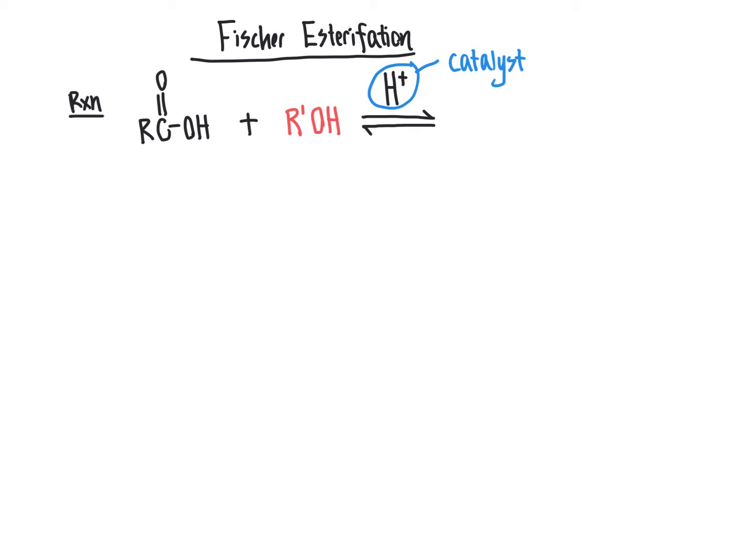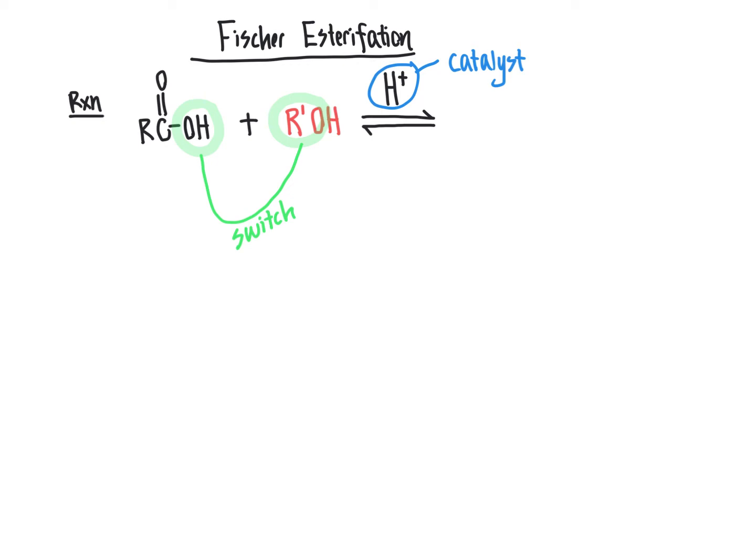So in this reaction, what will happen during the course of the reaction is that the O-alkyl that is bonded to the alcohol is going to replace the OH group of the carboxylic acid. So these two groups are going to switch during the course of this reaction.